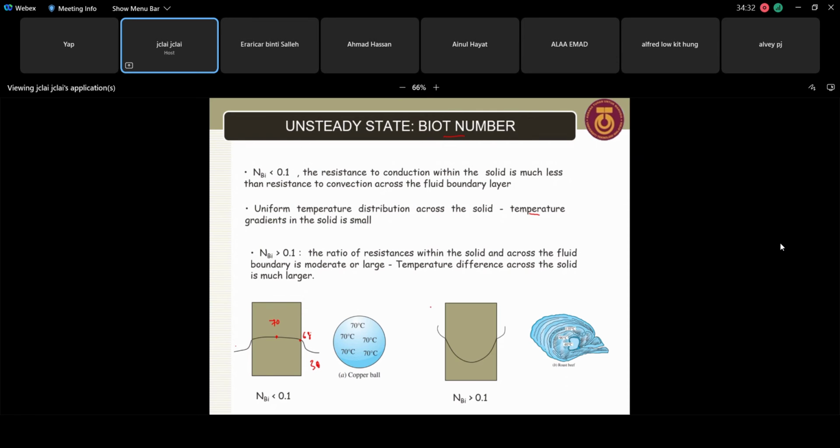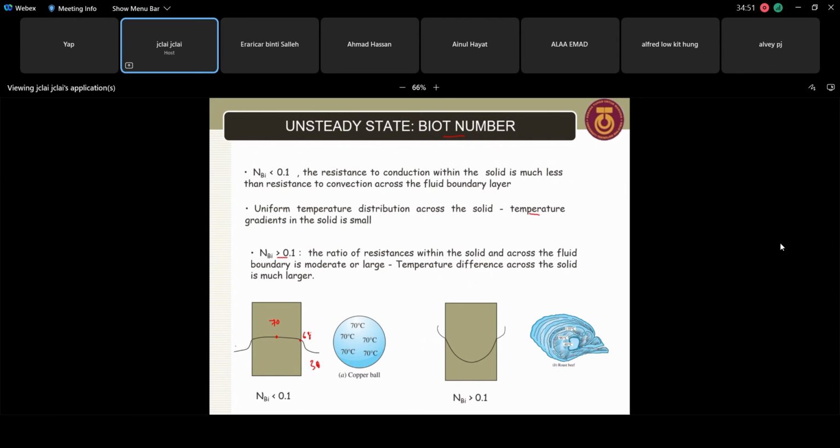When the Biot number is greater than 0.1, then we can say the body has a non-uniform temperature distribution across the solid.